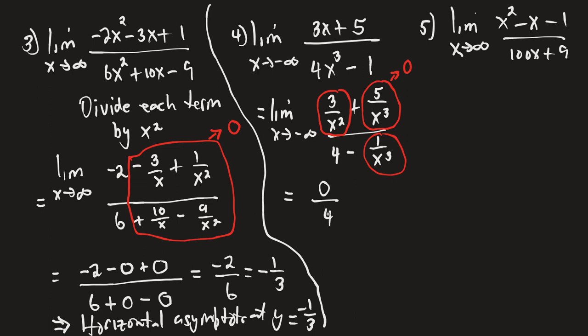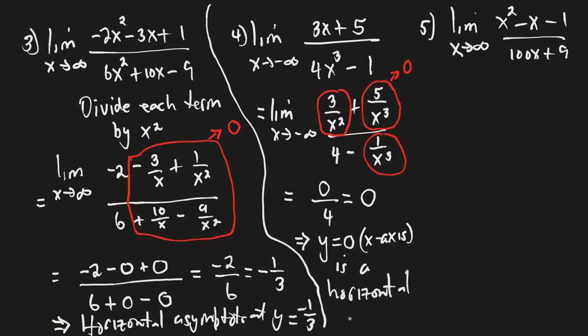And 0 divided by 4 is equal to 0, right? So this means that this rational function has a limit at negative infinity of 0, which then implies that this function has a horizontal asymptote at y equals 0. So the line y equals 0, which you might recognize right away as your x-axis, is a horizontal asymptote.